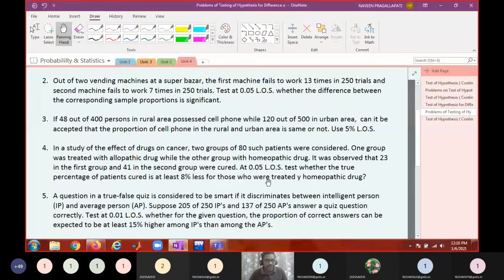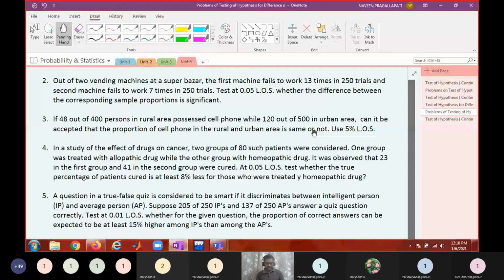That is fine. But if I ask you, can we conclude that urban people have more proportionate number of cell phones than rural, then how do you test this hypothesis? 48 by 400 is about 12%, and 120 by 500 is 24%.